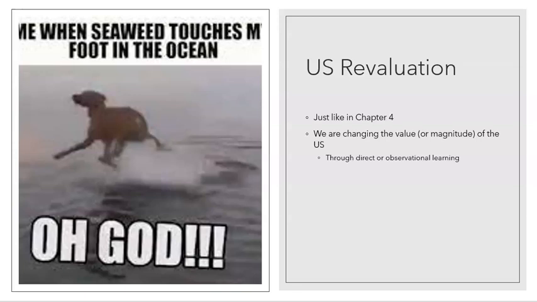If we change the magnitude of the value, then that can actually change whether something's a fear or a phobia, or move something from a phobia down to just a fear.